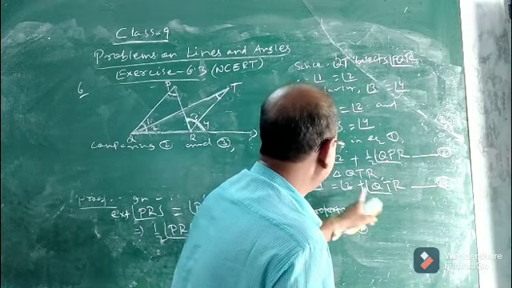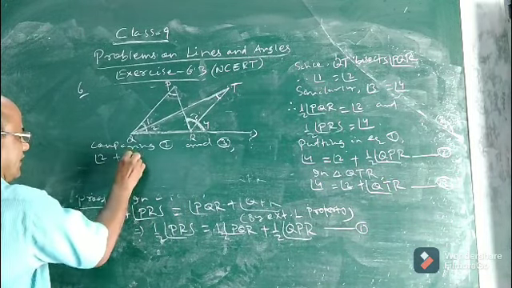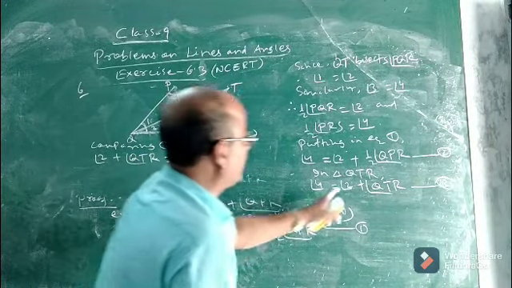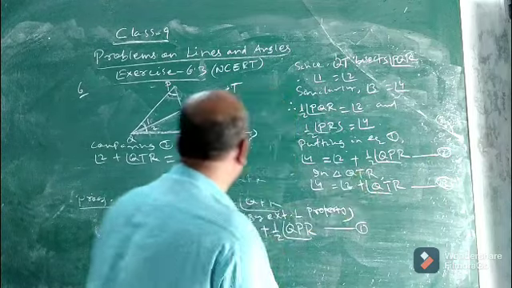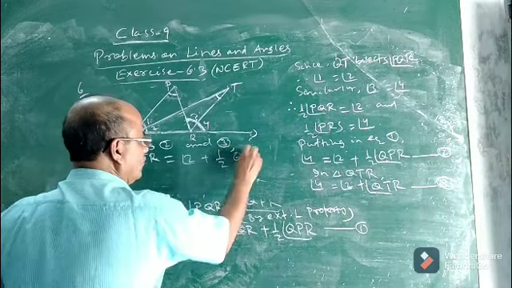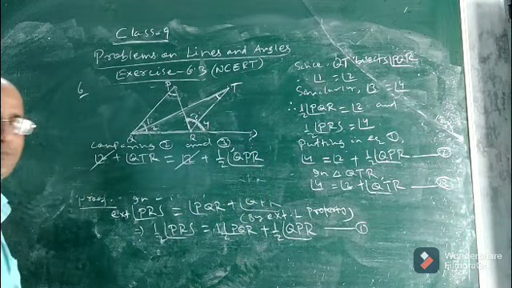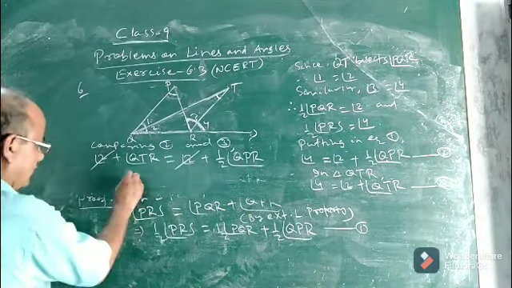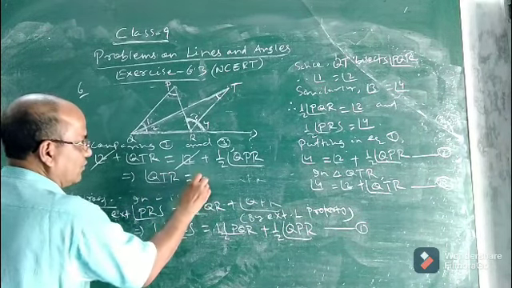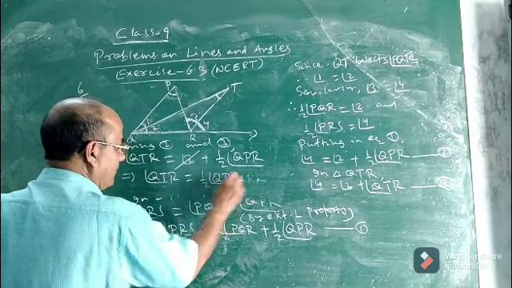Angle 2 plus angle QTR equals angle 2 plus half angle QTR. Now you cancel angle 2 from both sides. So what will you get? You will get angle QTR equal to half angle QTR.